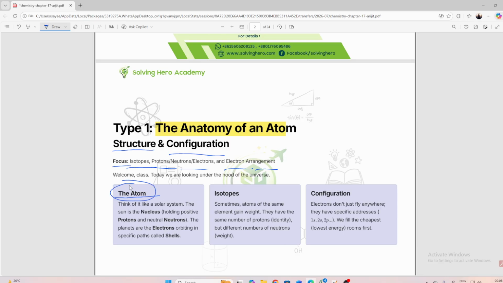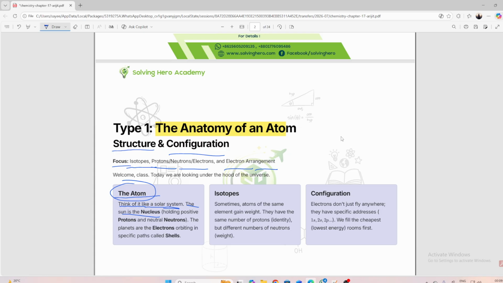We have already explained how the atom actually looks like. Think of it like a solar system. I have already previously said that about the Rutherford atomic model. We have learned that the sun is the nucleus.